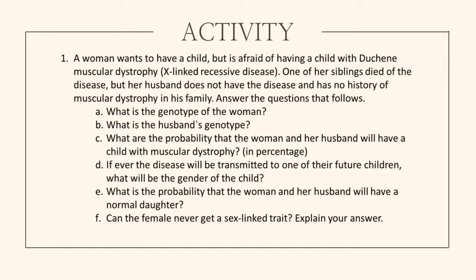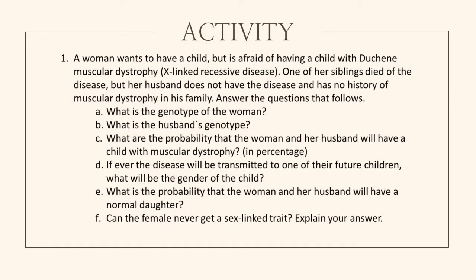Okay, letter E naman, what is the probability that the woman and her husband will have a normal daughter? O yung tinatawag natin na unaffected female child. Okay, so ano nga ba yung probability na magkakaroon sila ng normal daughter?